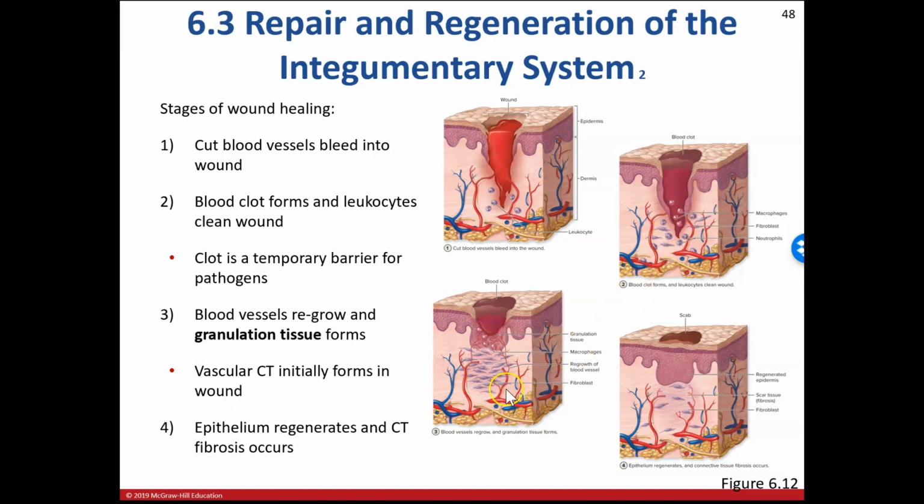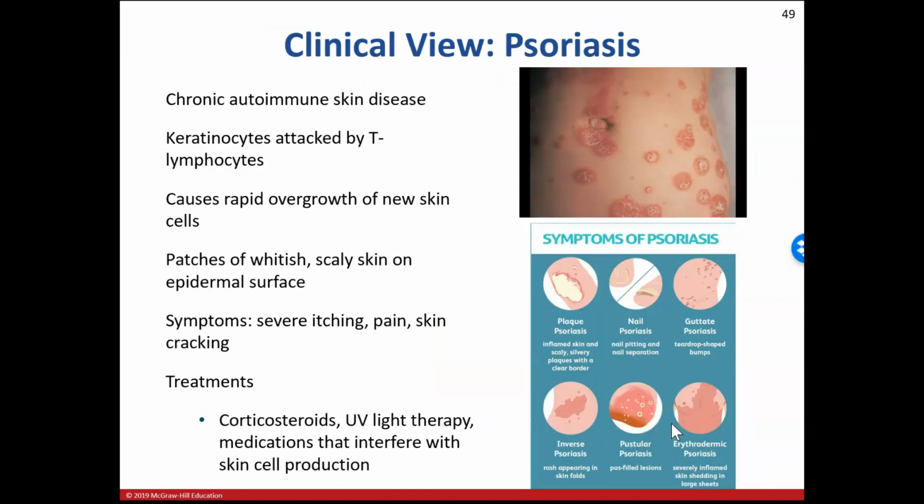Then we're going to have the blood vessels regrow and granulation tissue is going to form, and vascular connective tissue is initially going to form within the wound. And lastly, we are going to have that epithelium regenerate and the connective tissue fibrosis take place.